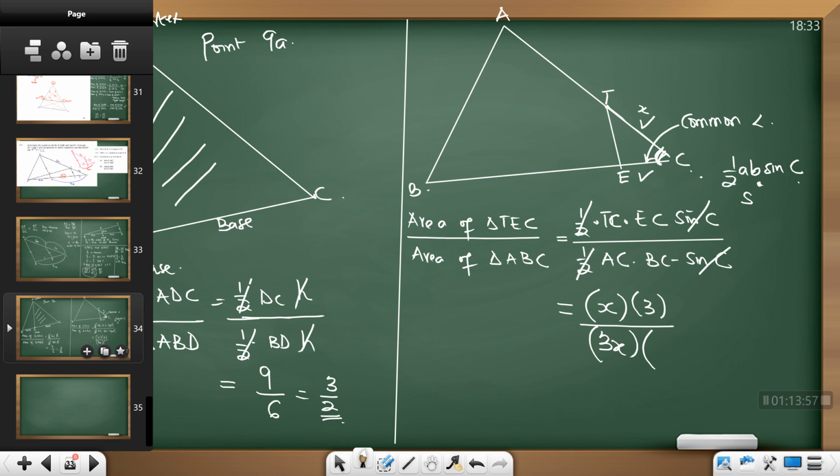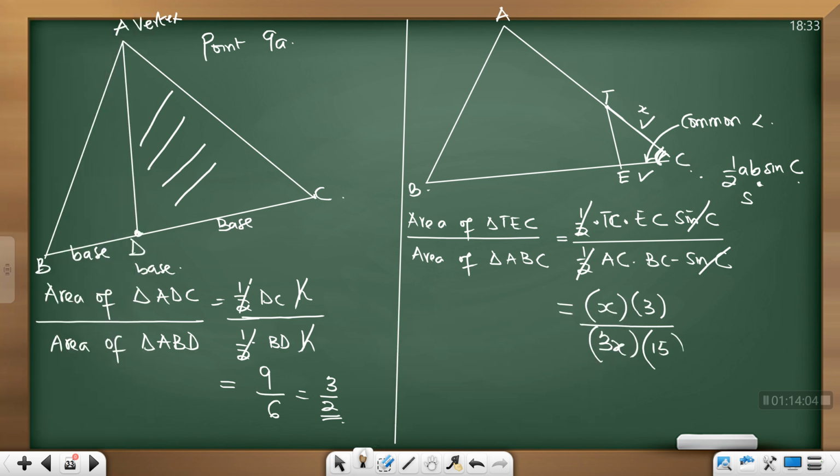Okay. So what is my AC? 3x. What is my BC? 15. So what's my answer? Can you see that the x will cancel each other? So what's my answer? 1 over 15.